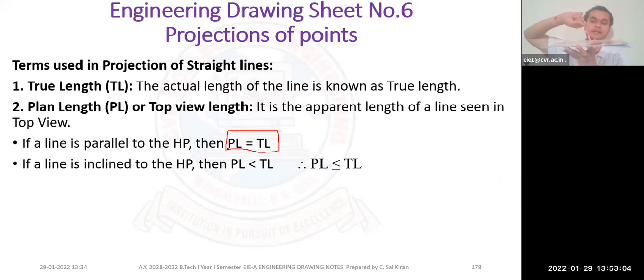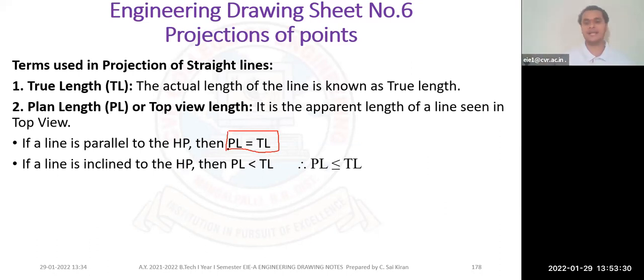If I rotate 60 degrees, 60 mm is reduced. If I rotate 90 degrees, it will become 0. And again, if I rotate to 100, 110, 120, it will increase again. When I keep 90, it will become 0, and again at 110, it will increase. And whenever it is rotated from this side to this side, you can see the complete true length of the pen.